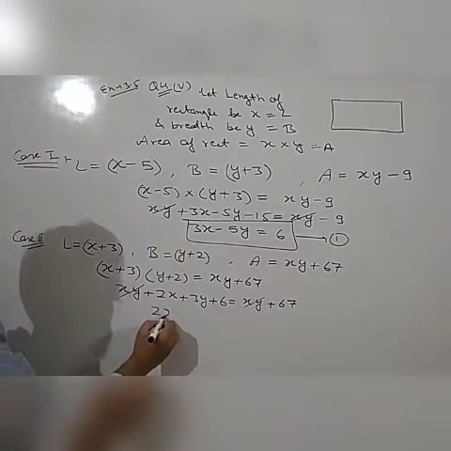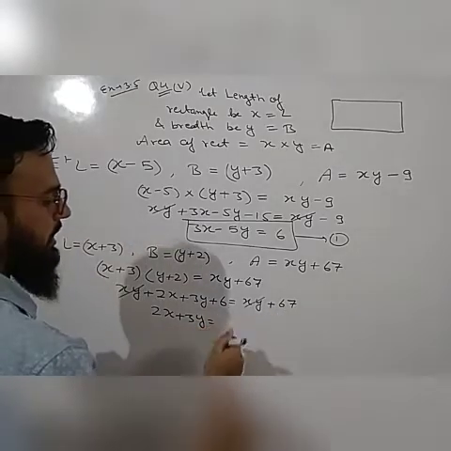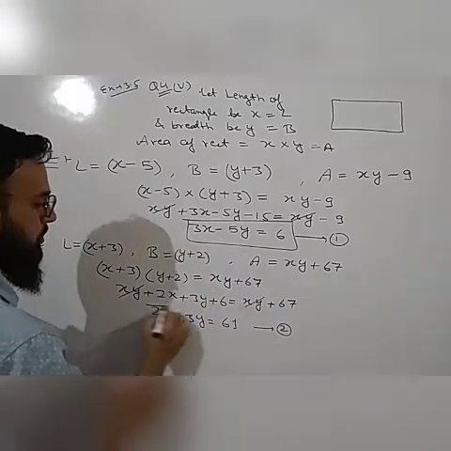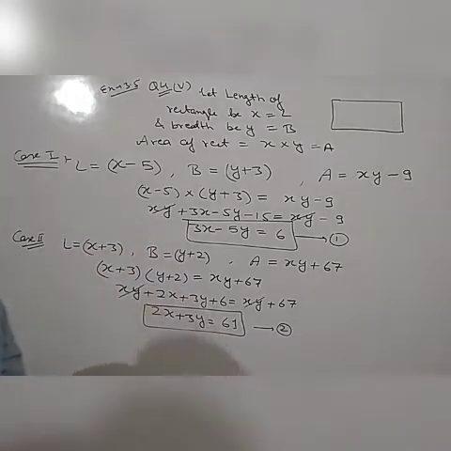We will get the equation 2x plus 3y is equal to 67 minus 6. That will be 61. And it is equation number 2. So in this way, we got both the equations. And now we can solve these equations to get the values of x and y, that means length and width, and we can calculate the area also. So now solve these two equations and get the answer.